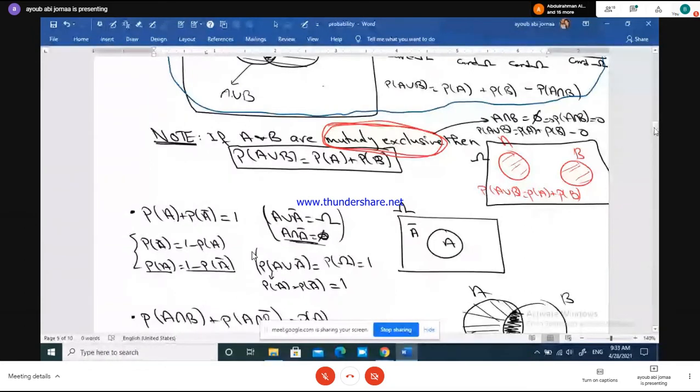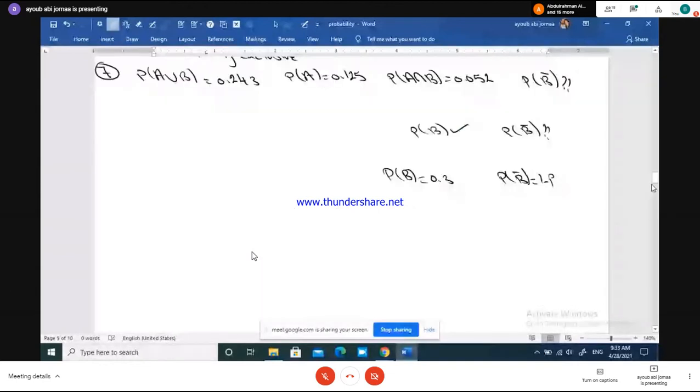It is 1 minus probability of B. Yani 1 minus 0.3, which is 0.7. If you have probability of B, بكل بساطة فيك تطلع probability of B bar, it is 1 minus probability of B. That's it. Now the question, if you have the probability of the union, the probability of the intersection, and you have probability of A, how can you find probability of B?